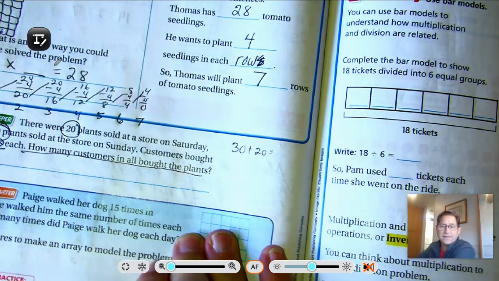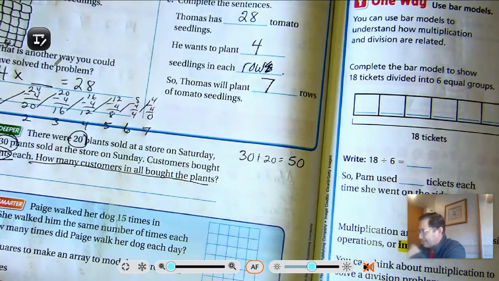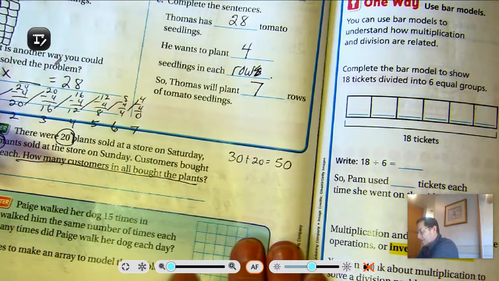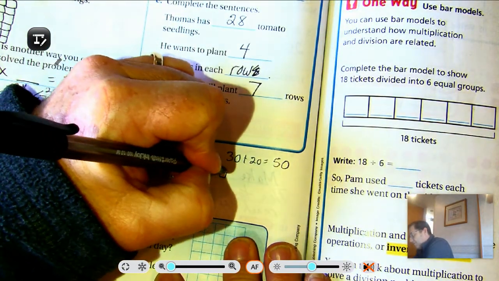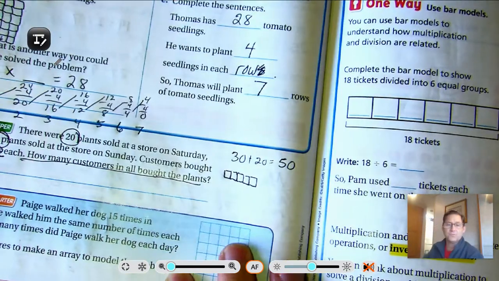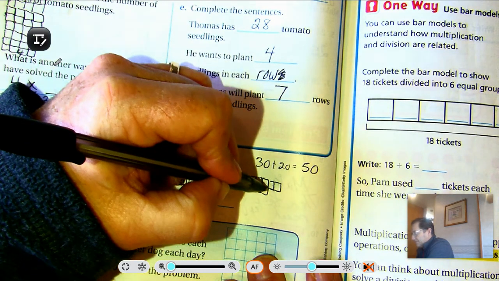So 30 plus 20. Well, 30 plus 20 is 50, correct? All right, so now each customer bought 5 plants. So if we have a row of 5 to represent a customer, okay, so there's one customer of 5. Well, let's just keep adding rows of 5 until we get to 50.